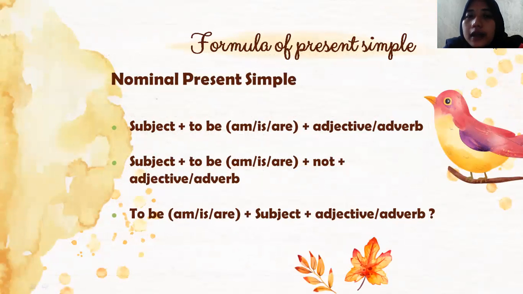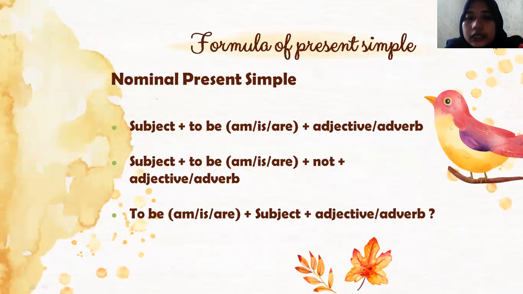Formula of nominal present simple. For the positive, namely subject plus to be (am, is, are) plus adjective or adverb. For the negative, we use subject plus to be (am, is, are) plus not plus adjective or adverb.